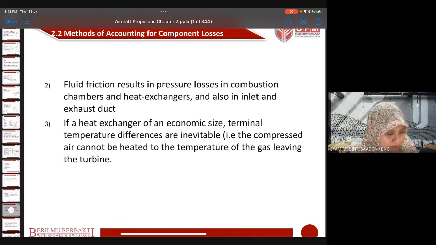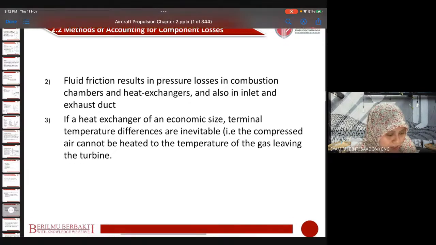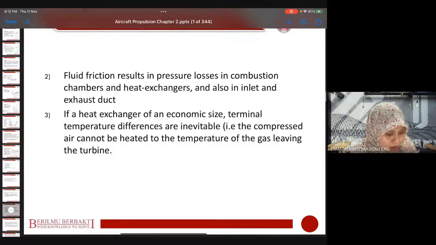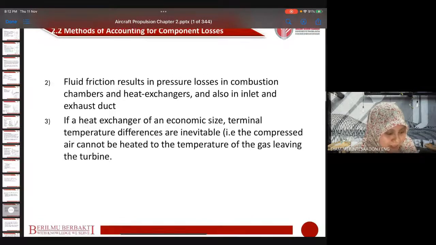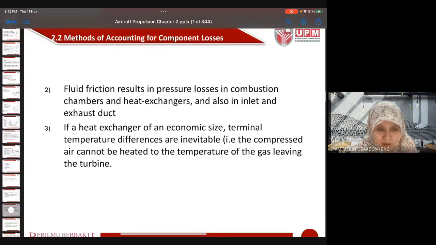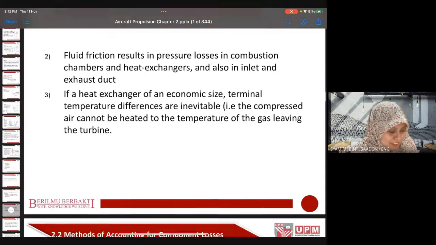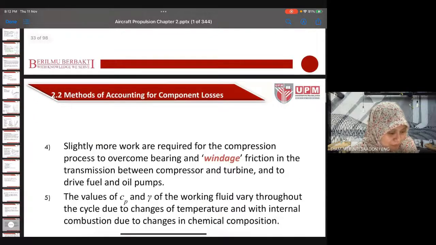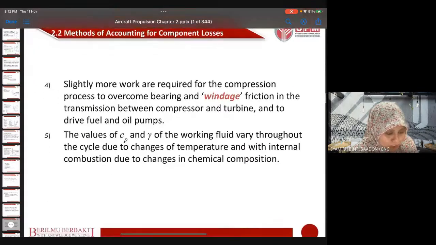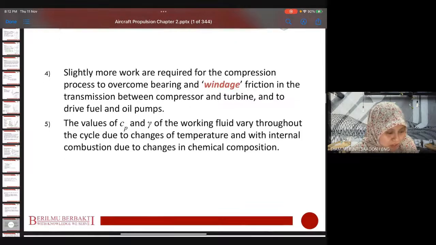If a heat exchanger is of an economic size, terminal temperature differences are inevitable. The compressed air cannot be heated to the temperature of the gas leaving the turbine. So these are all the actual things that occur in the cycle. Slightly more work is required to overcome those frictions.